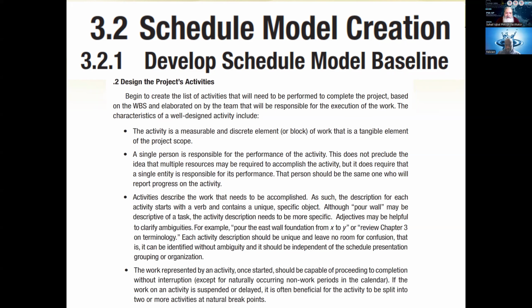The work represented by an activity once started, now this is again a very important point. If an activity has started, then it should be capable of proceeding to completion without interruption. When you start something, you only stop when it is finished, except for the naturally occurring non work periods in the calendar. For example, there is a tea break time.